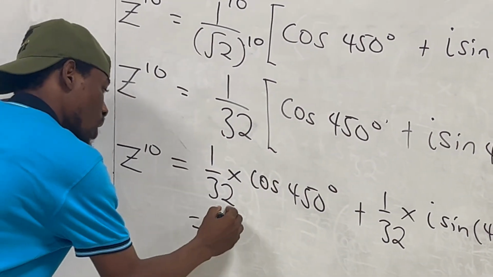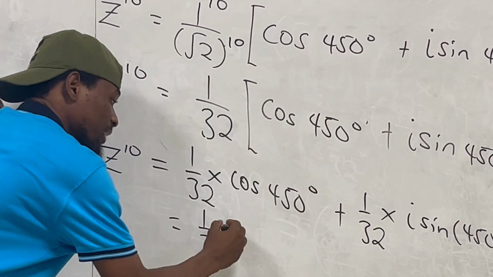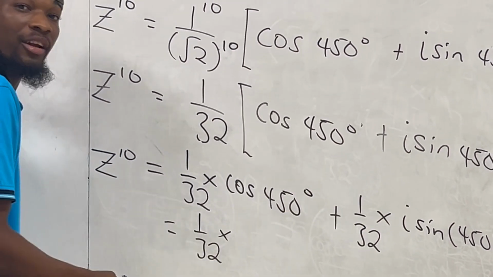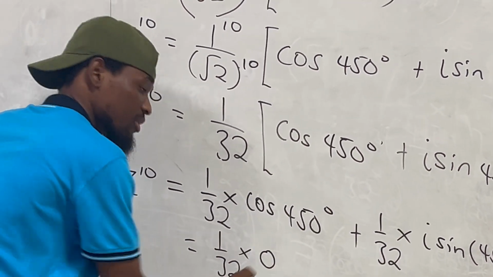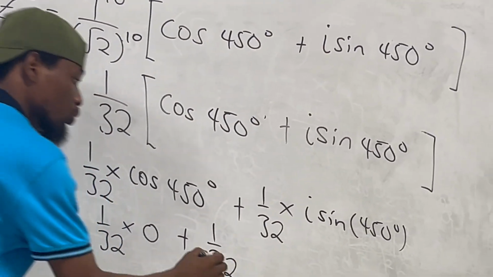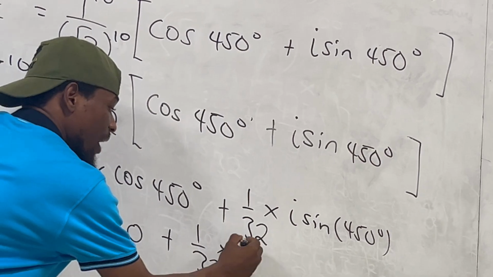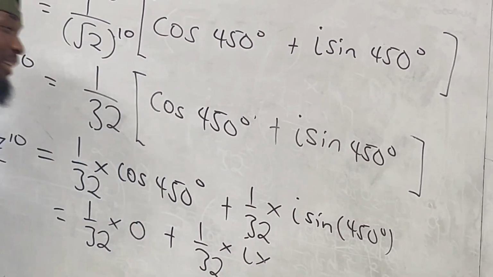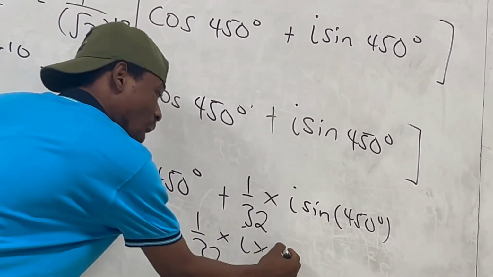This is 1 over 32 times cos 450, which gives 0, plus 1 over 32 times i times sine 450, which gives 1.